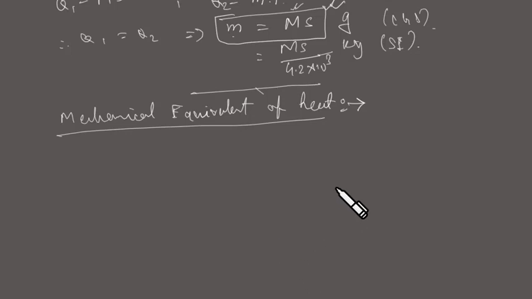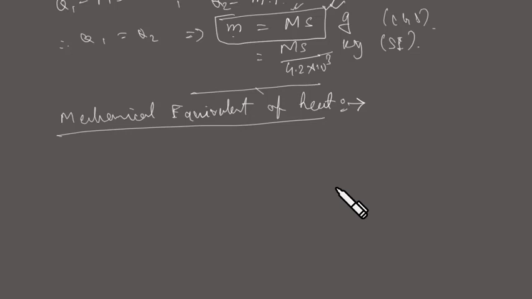So mechanical energy can also be converted into heat. For example, if we rub our palms together for some time, they get hotter, right? That's how we warm ourselves sometimes in winter. With the hands we are doing mechanical work, but what we are getting is heat. So we are actually converting mechanical work into heat energy.